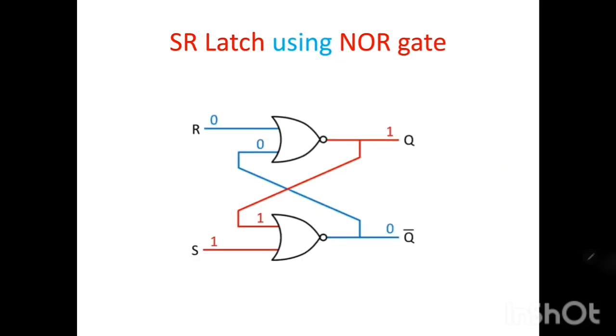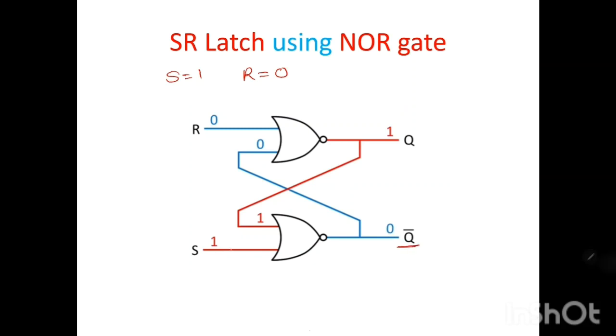Next, suppose you are applying S is equal to 1 and R is equal to 0. In that case, what happens? One of the inputs to this gate, S, is equal to 1, then output goes to 0.